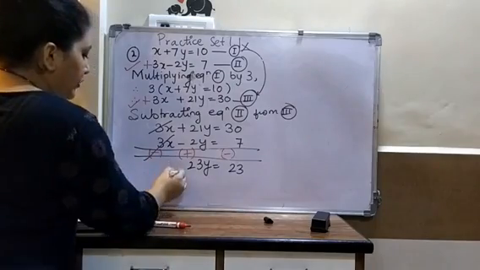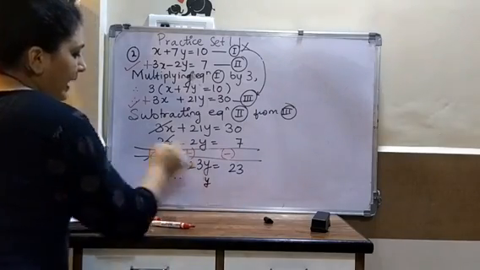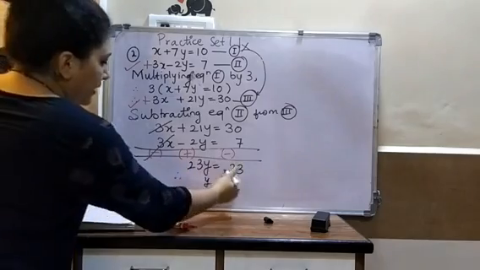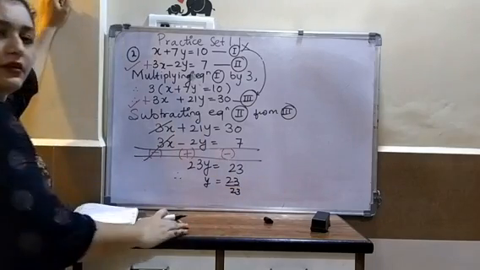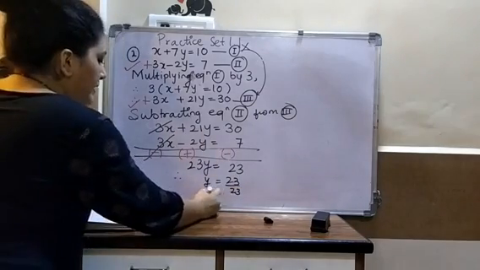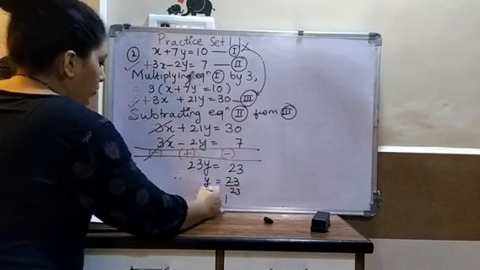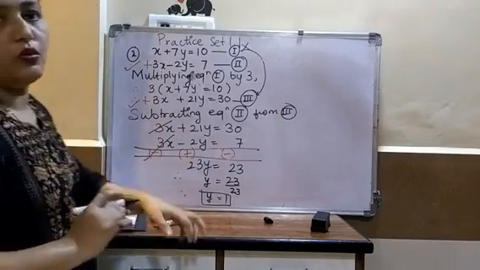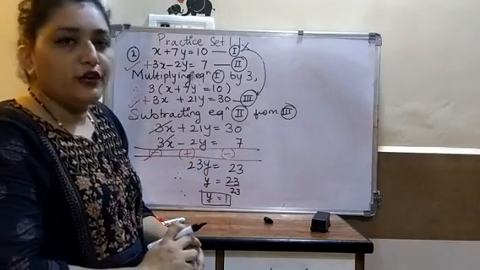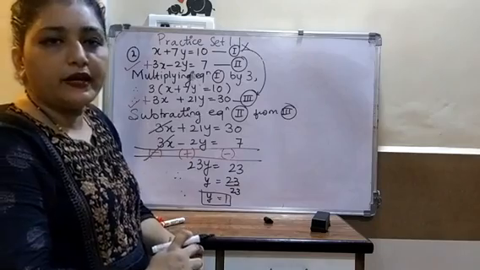Now the second step would be y remains as it is, 23 becomes divided by 23. So y is equals to, guess what will be the answer? Obviously it is going to be equals to 1. So we got one of our variables here by subtracting.